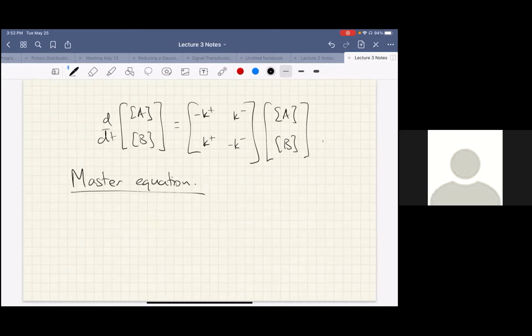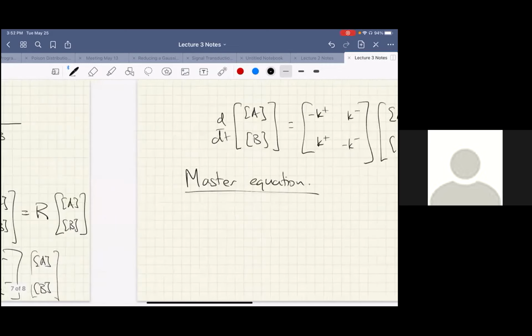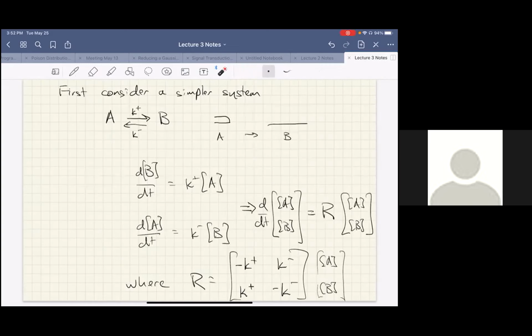But one interesting feature of the master equation is the following. If I come back here, if you think of these as two states of a finite state system, the rate at which you go from here to here, if you have only a single molecule A, is the rate at which you transition from this state to this state.